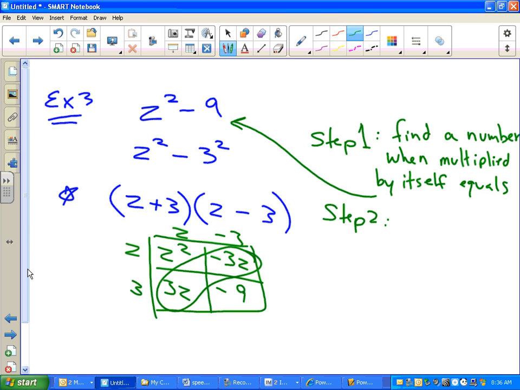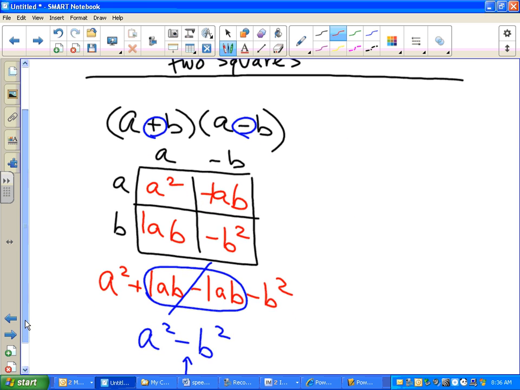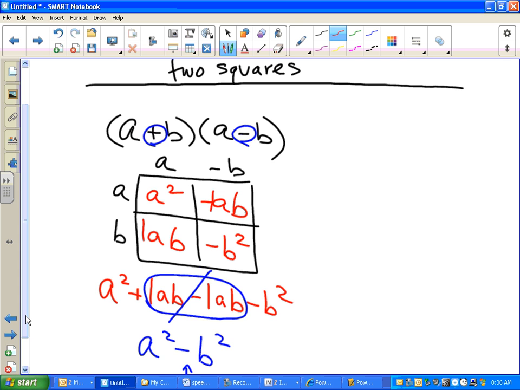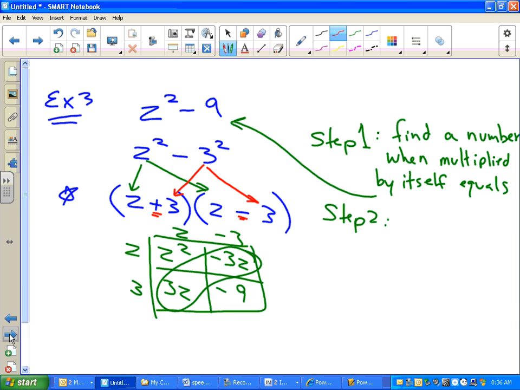All right, so then step 2 in our procedure is we're going to drop in our values. So you're going to drop in the z's, and you're going to drop in the 3's. Those get dropped in accordingly, and then one becomes positive and one becomes negative. And that's basically it. So you're piecing this together based on what we saw with our a's and b's example. We're just seeing the relationships here between z and z squared minus 9, and we're able to create our binomials from that.